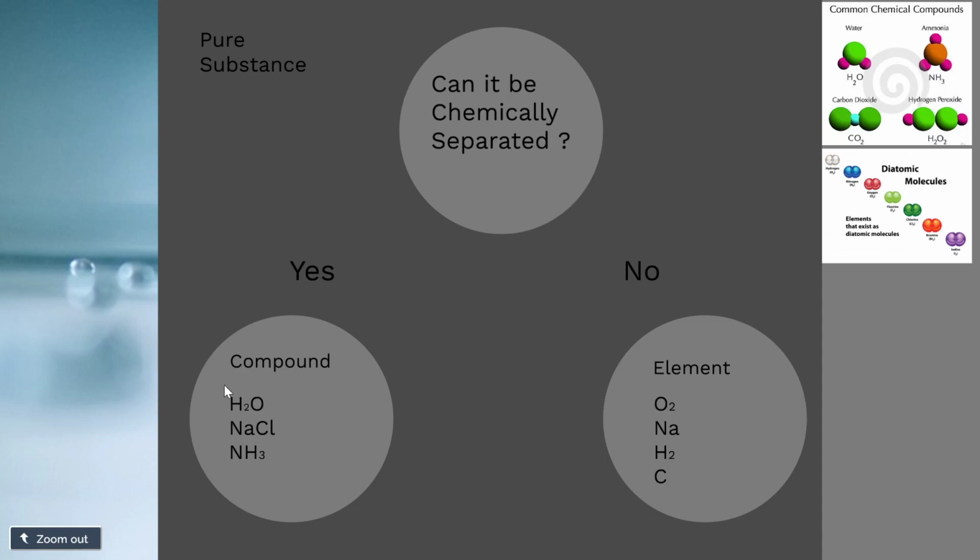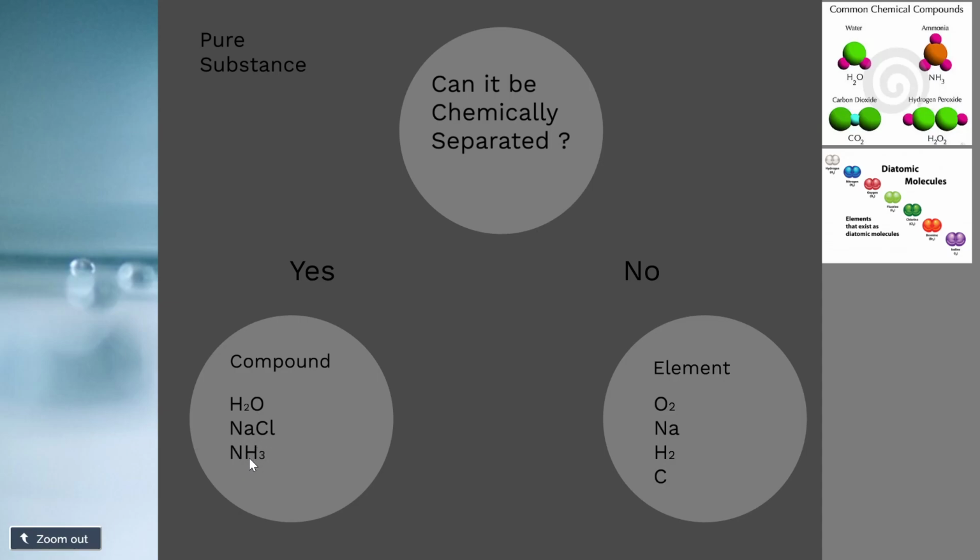And a compound is going to be something that has two or more elements in it. So for instance here we have H2O. And H2O is made up of hydrogen and oxygen, so two different elements compose it. Below that we have NaCl, which many know as table salt, sodium chloride, and that has two elements in it.